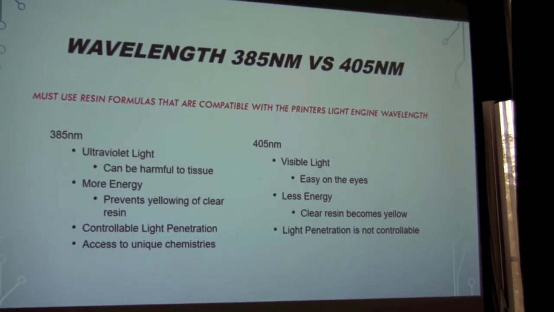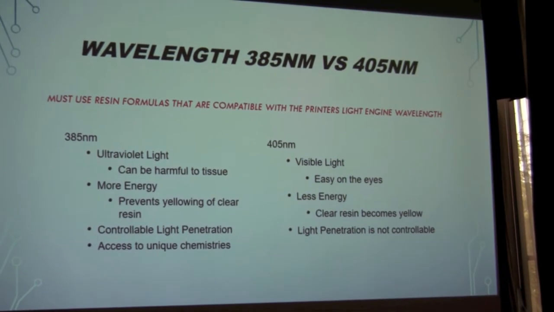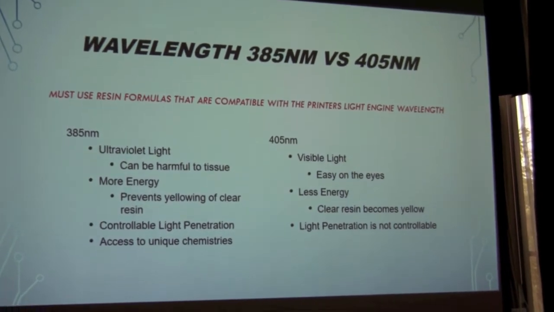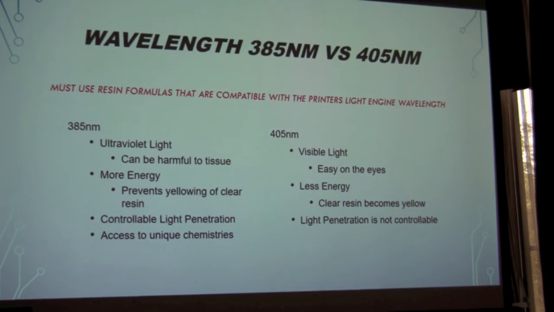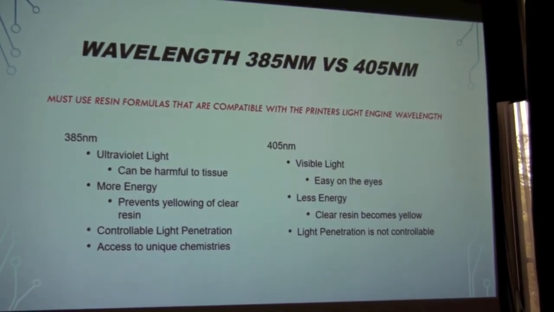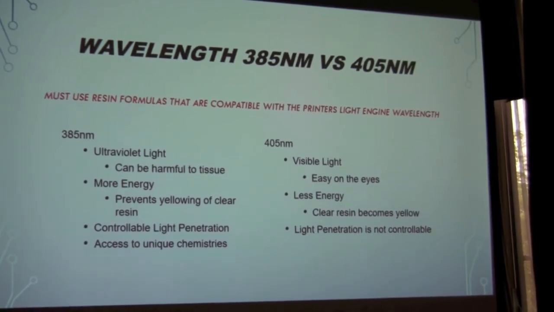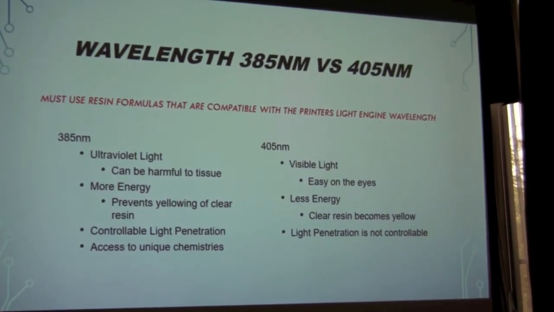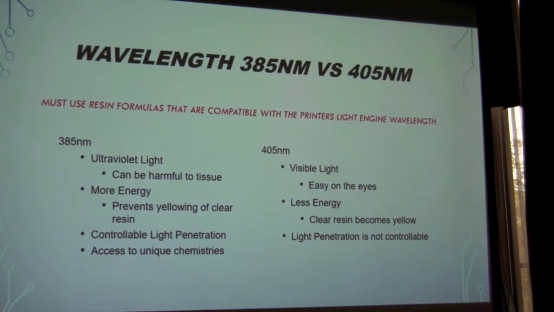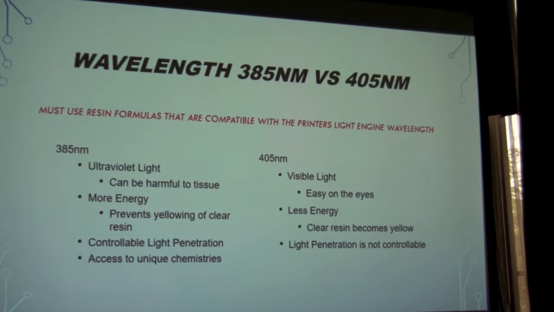Now at 385, you must use the same compatible wavelengths. 385 projectors can actually print the 405 resins. The reason is because they have a controllable depth of cure in that non-visible light spectrum, which allows you to use the 405 resin. It's kind of hard to explain until you see it firsthand.